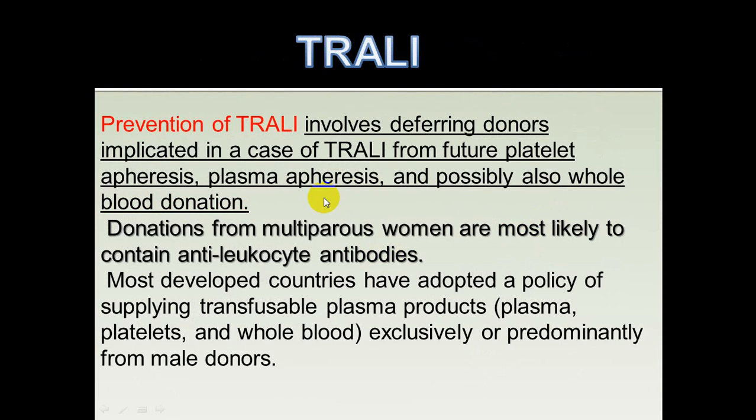How do you prevent it, really? Prevention is by avoiding donations from the implicated donor in future platelet apheresis, plasma apheresis, and possibly whole blood transfusion. The blood donated by those donors, which caused TRALI, should be avoided in the future. Donations from multiparous women are most likely to contain anti-leukocyte antibody.